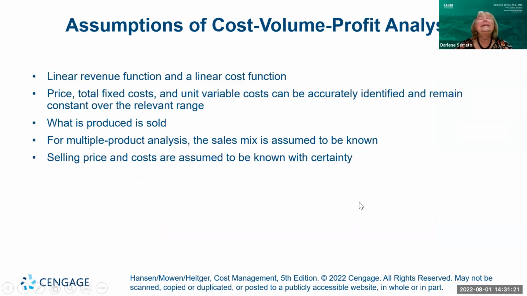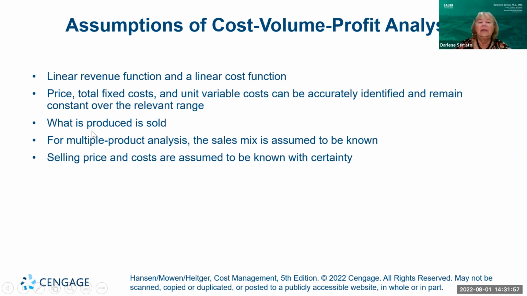Okay. Assumptions of cost, volume, profit analysis. This would be a fairly common theory or concept question. You assume that both revenue and cost can be expressed in a linear way. Okay. Price, total fixed cost, and unit variable costs can be identified and are constant over the relevant range.